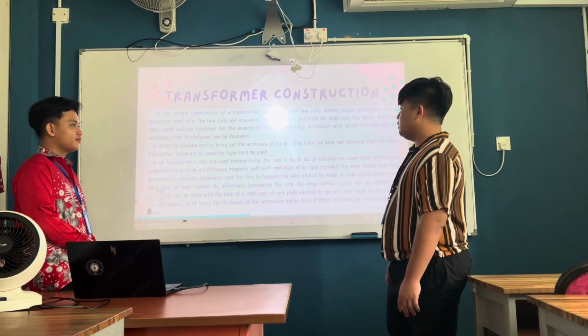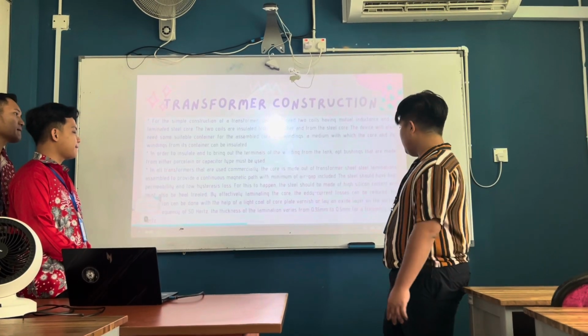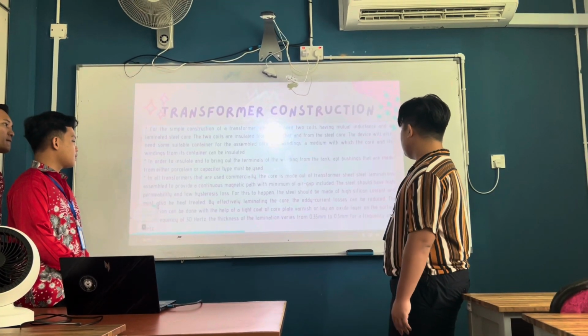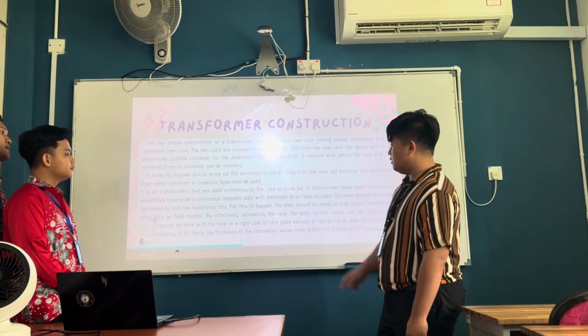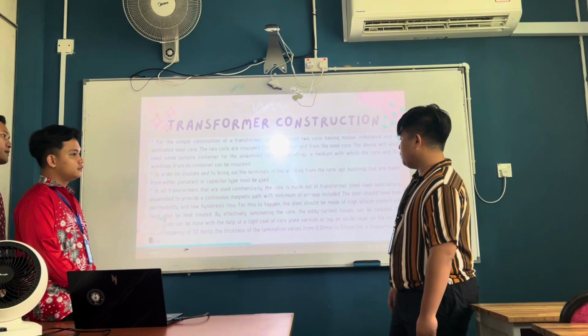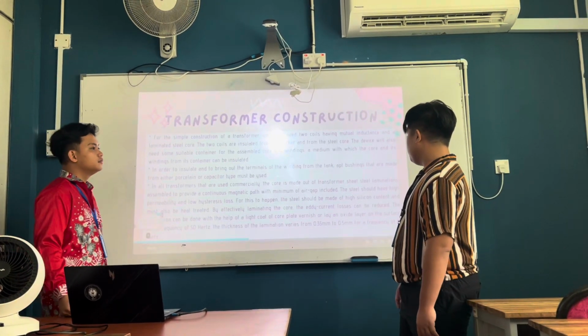In all transformers that are used commercially, the core is made out of transformer sheet steel laminations assembled to provide a continuous magnetic path with a minimum of air gap included.